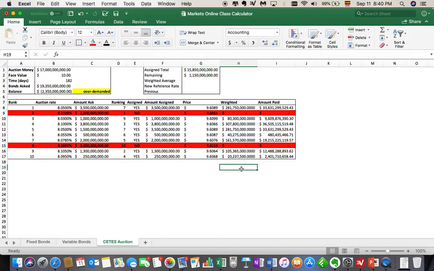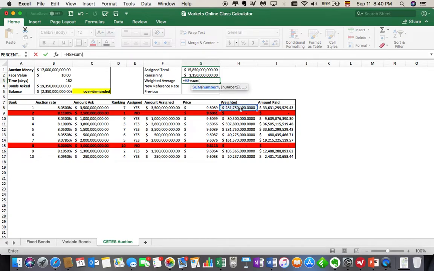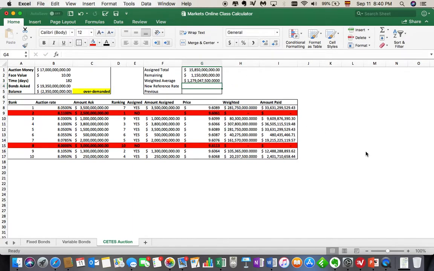Okay? So, if you put here just how much you have for all the weights that you multiplied, you can calculate then the reference rate.